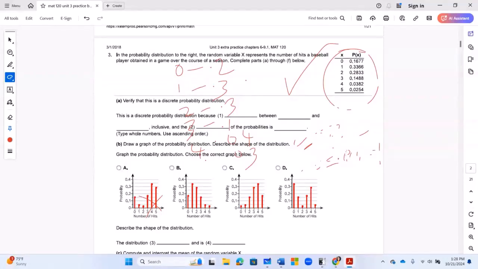So actually you can eliminate here. You can actually see that this is not this one. It is probably not this one too. Okay, so it is B.